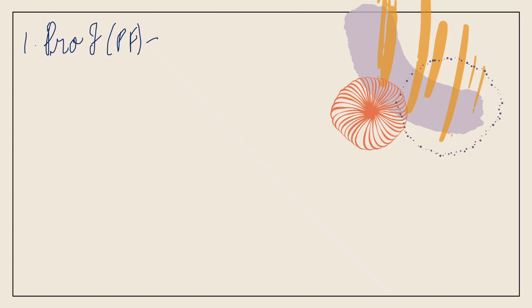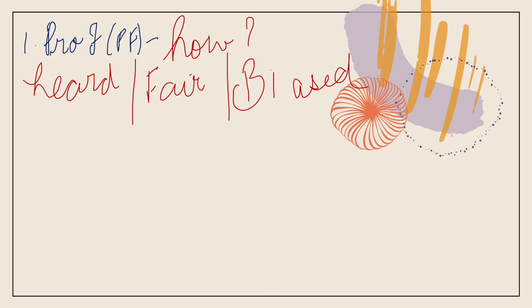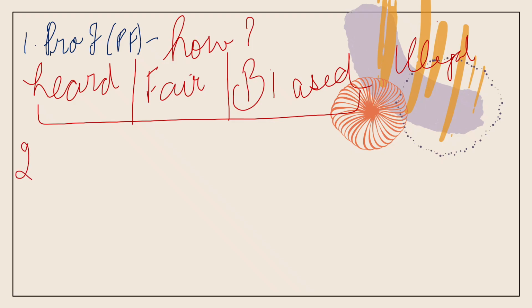How was a particular decision made? Was the person heard? Was the process fair? Was the decision maker biased? So this concludes procedural fairness. Even if the final decision is allowed by law, it can still be illegal if the process was unfair. So keep this in your mind.